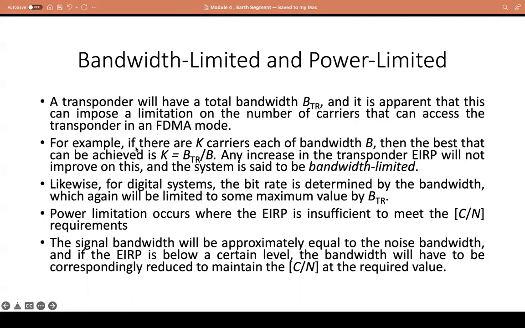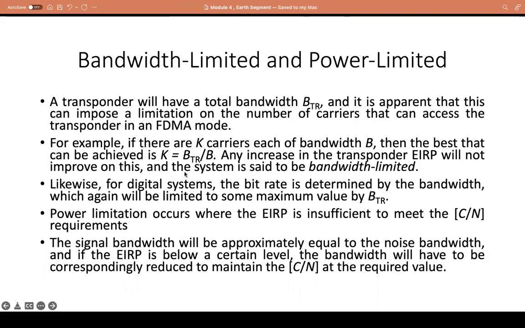For example, if there are k carriers and each has a bandwidth of capital B, bandwidth is always represented with capital B, then the best that can be achieved is k = BTR/B, the total bandwidth divided by the bandwidth required by each carrier. Any increase in the transponder EIRP will not improve on this, and the system is said to be bandwidth limited.